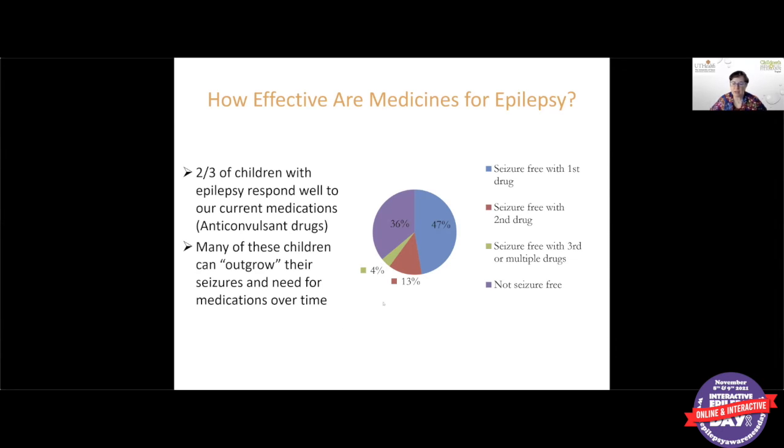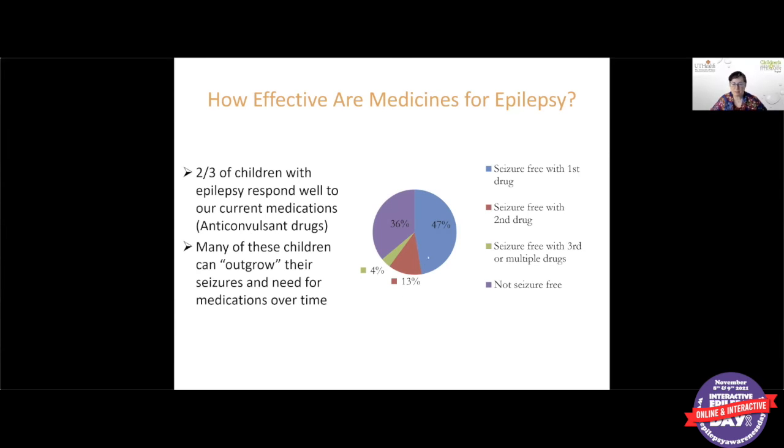So once you get past the third or multiple drugs and the patient is still having seizures despite medications, those patients fall into about a third of the whole group. About a third of patients are not going to respond well to any of the medications that we have, and we call those intractable to medication.